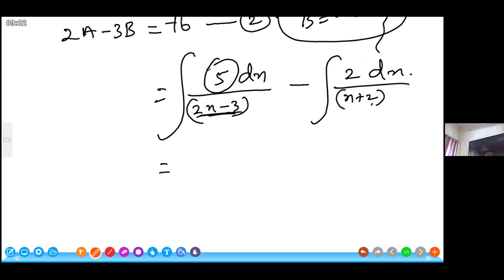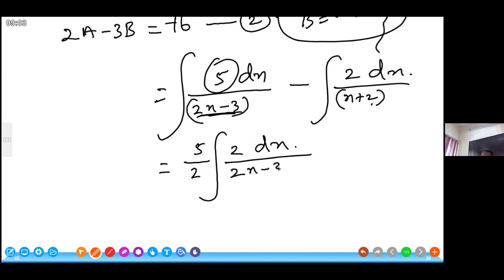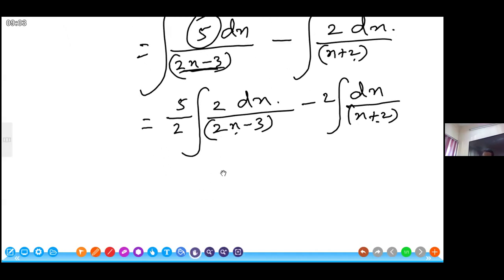How to write it? You can write it as 5 by 2 into 2 dx divided by 2x minus 3, because we are multiplying and dividing by 2, minus 2 times integration of dx by x plus 2. We can write it like this.